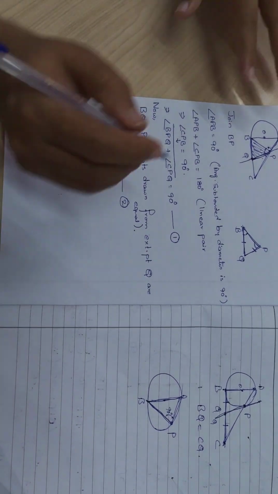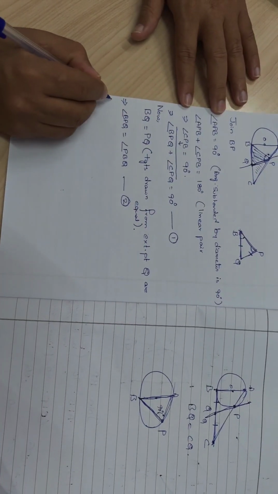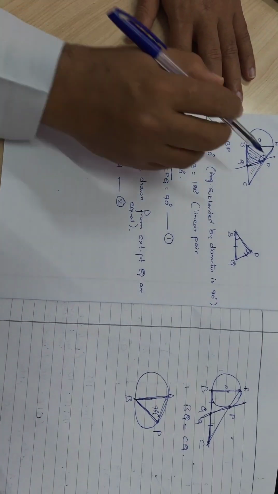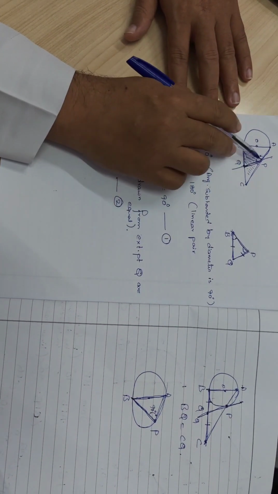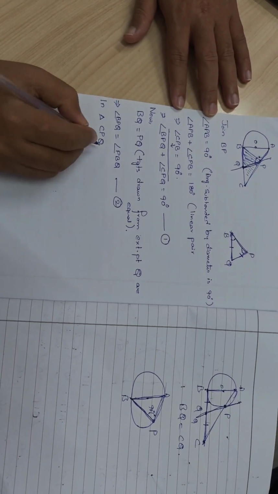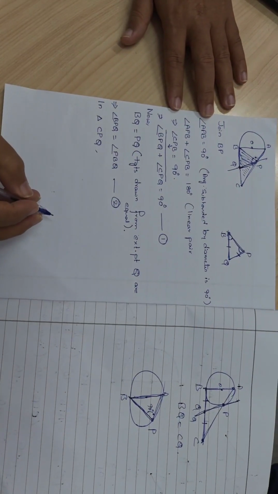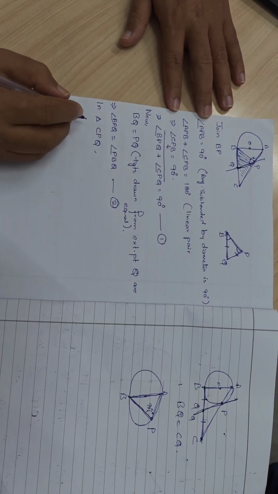Now let us take this triangle. What is the sum of all three angles? It is equal to 180.